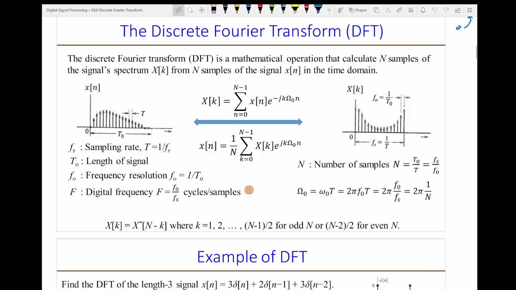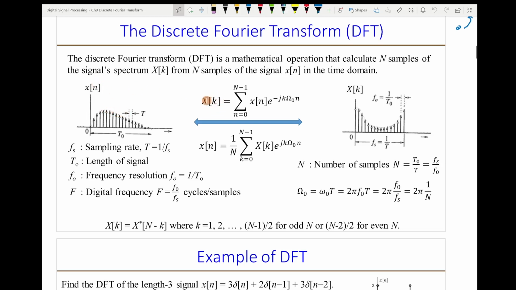So let's demonstrate the discrete Fourier transform by images. Imagine our signal is this one. Now, you apply the discrete Fourier transform, which is this mathematical operation, the summation of all these data point samples, x of n, and you will get X of k. This X of k will tell you the spectrum of this signal x of n.